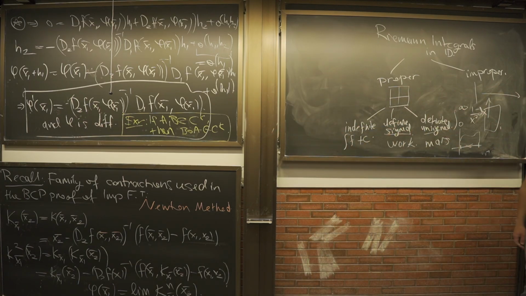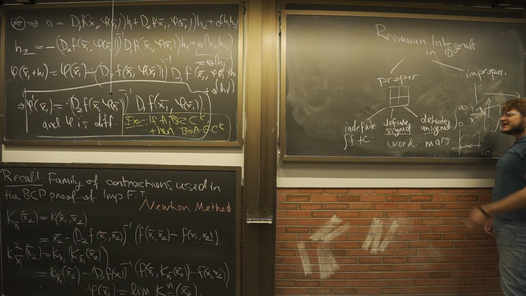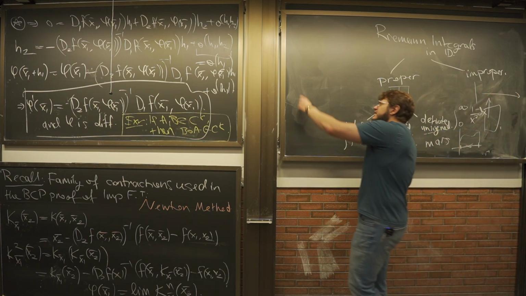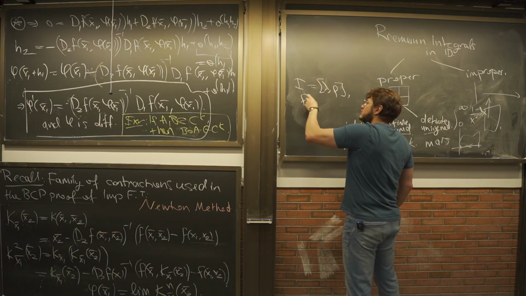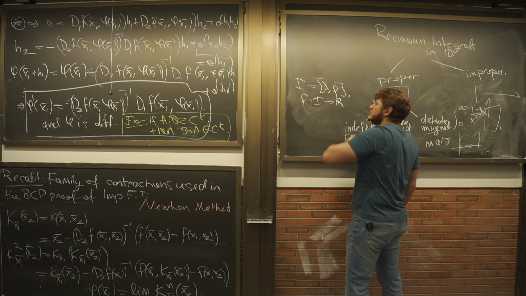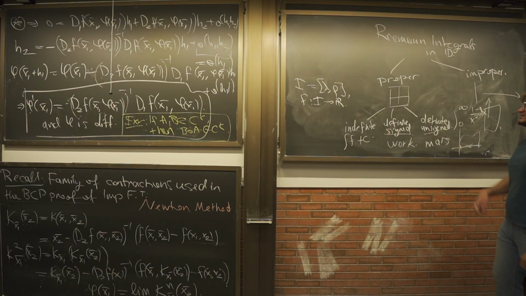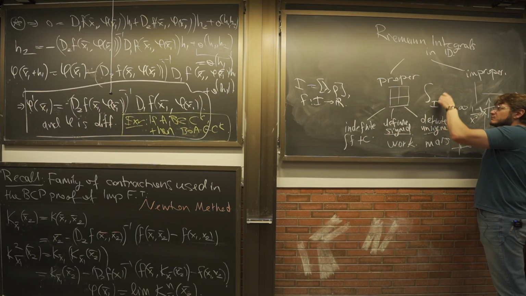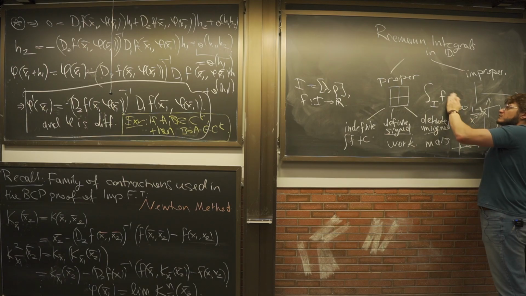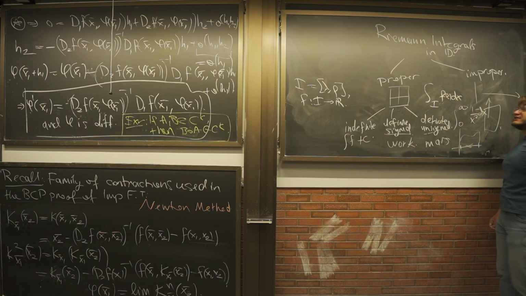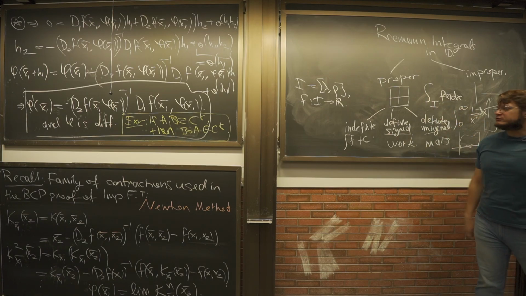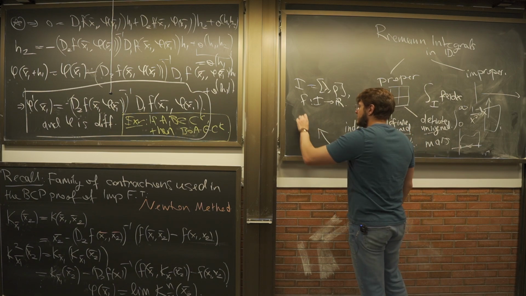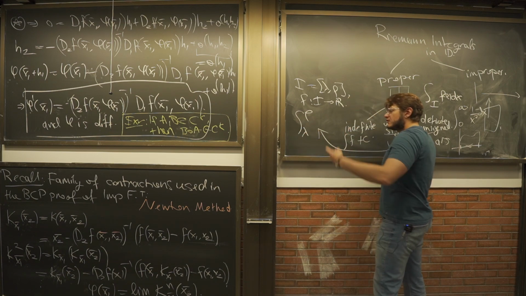In terms of symbols, when I was teaching 3210, if we're taking integrals of a function from, let's say, lambda to rho, this one I denoted by something like this, to signify that the direction of the interval doesn't matter. And this one I denoted by the more common symbol, from lambda to rho.